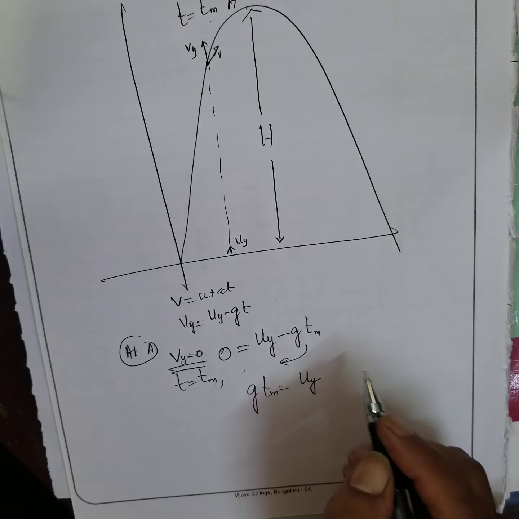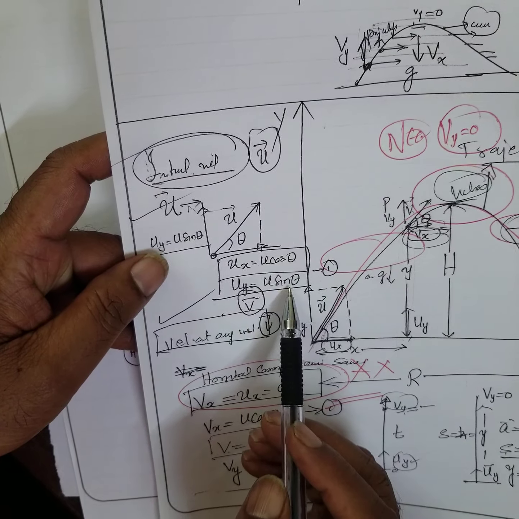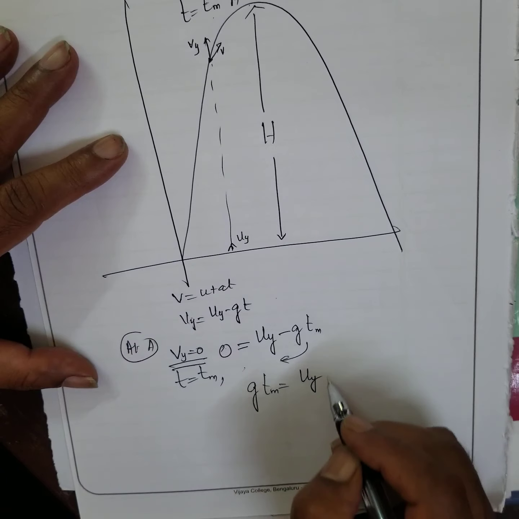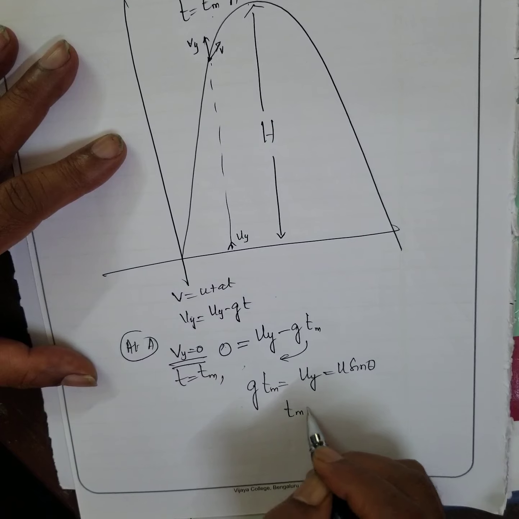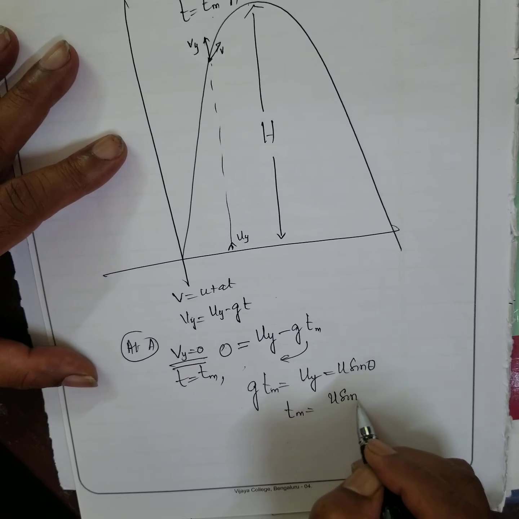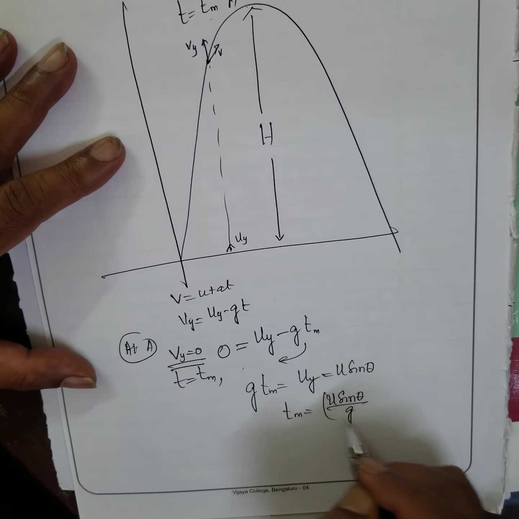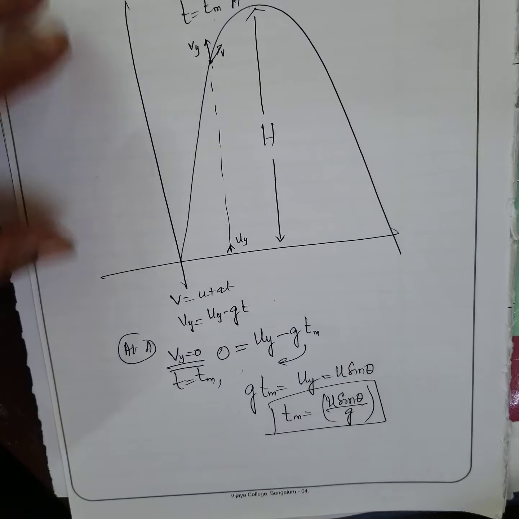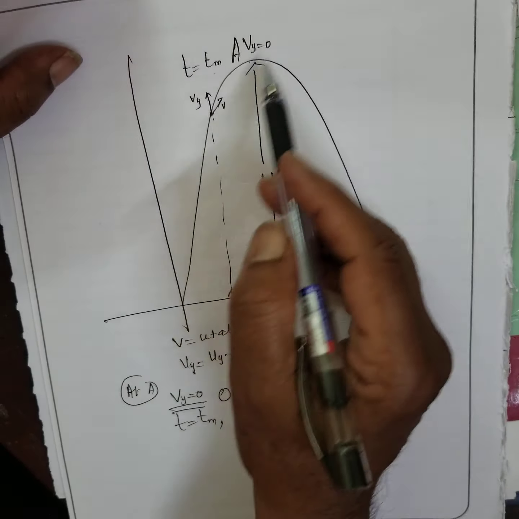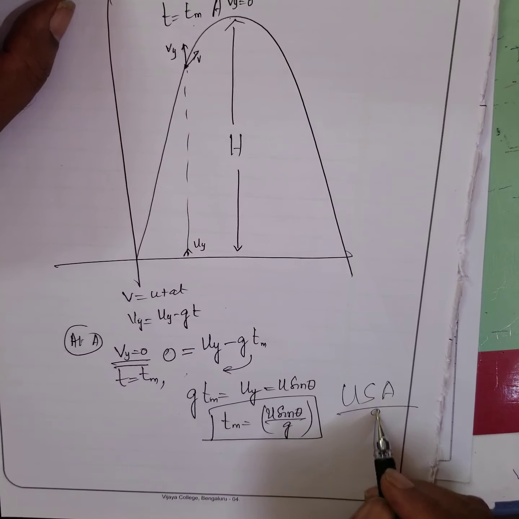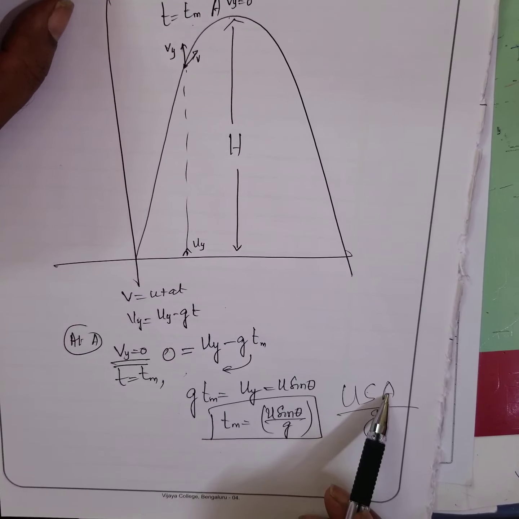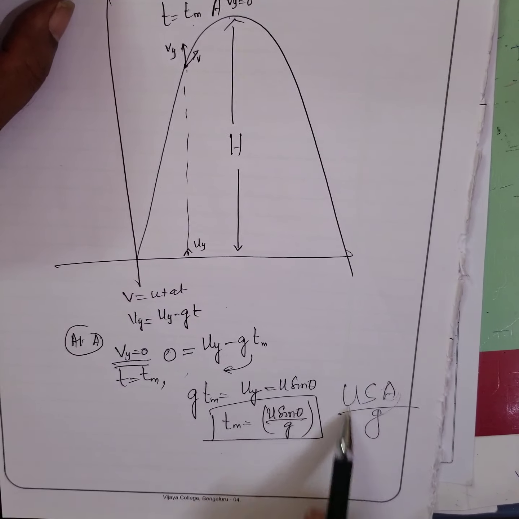But you know what is Uy? Uy is u sin theta. Therefore, Tm is equal to u sin theta by g. I used to remember USA, United States of America, g, and instead of A, I write theta.